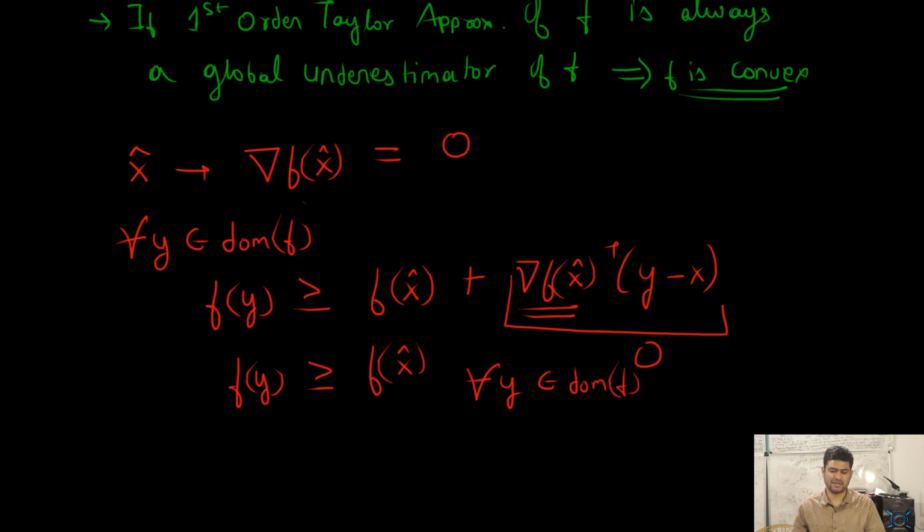So what it means is that at any point at which the gradient of the function f is 0, that point is a global minimum of that function, because for any other y that you can select in the domain of the function, the value of the function will always be greater than or equal to the value of the function at the point x hat.